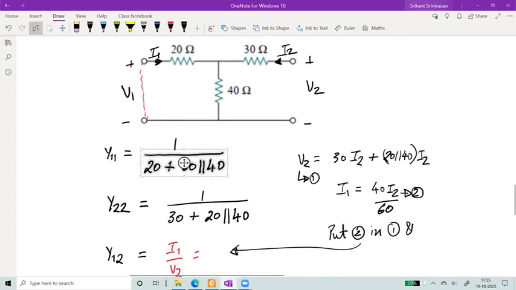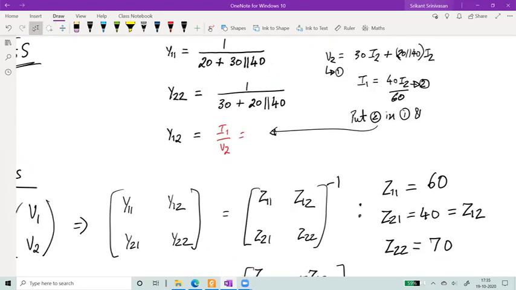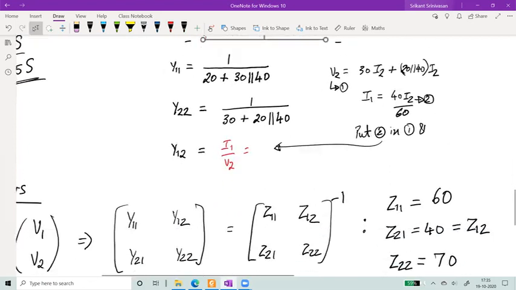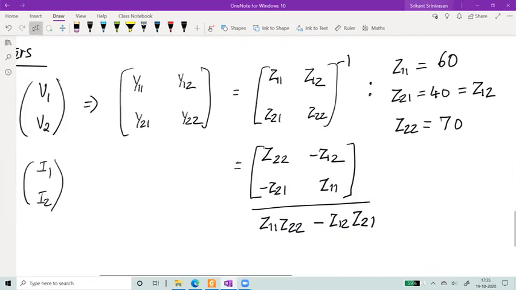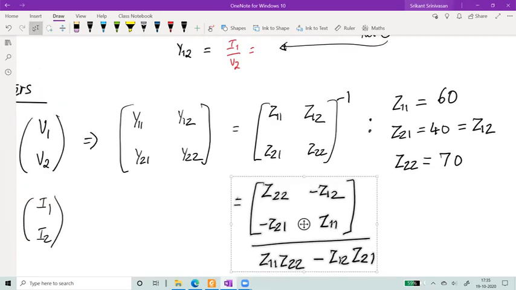When I wanted to find out the y12 term, I had to take the equations and try to find out I1 in terms of V2, and it was a little complicated. There is more chance of making mistakes when you're trying to solve the circuit. Whereas even though the equation may be cumbersome, if it is a well-formed equation, there is less likelihood of making mistakes. So that's all it is.